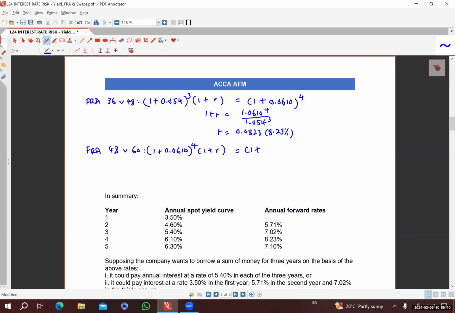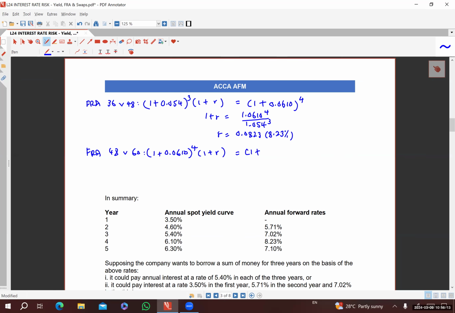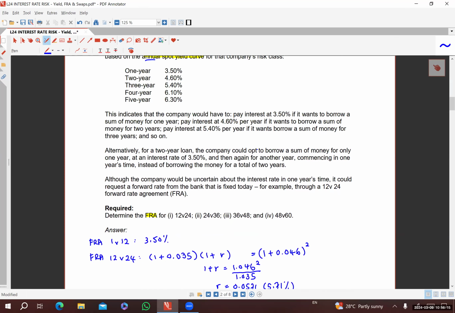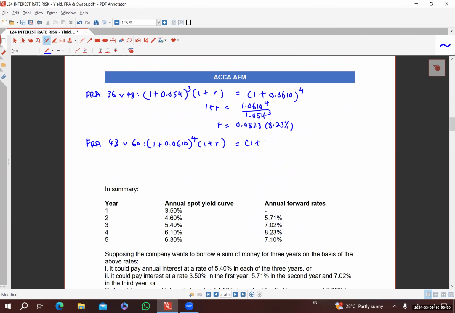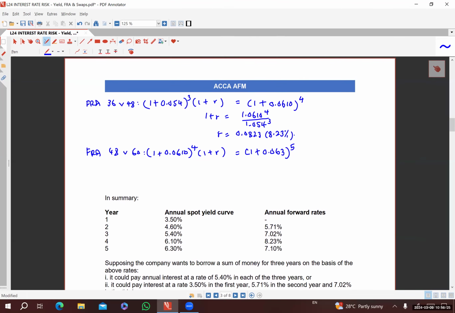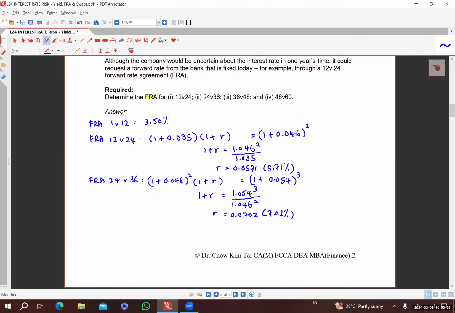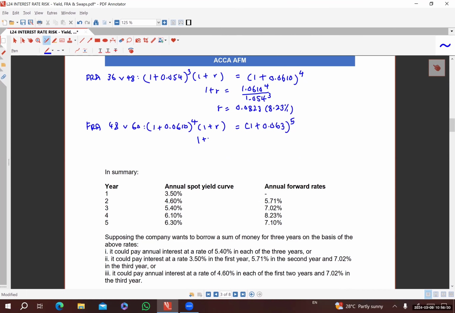It will be the same as if I invest $1 now directly in a 5-year bond at interest rate 6.3% per annum for 5 years, so power of 5. Okay. 0.07.